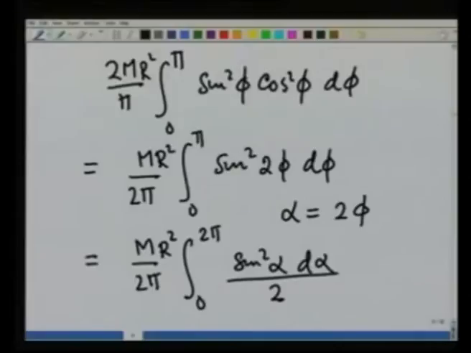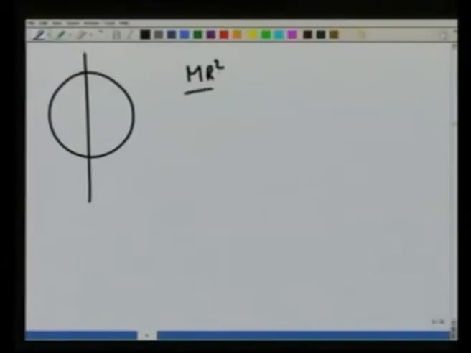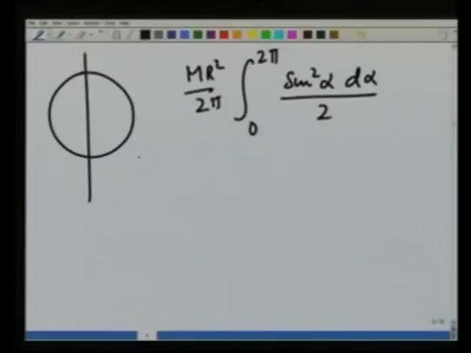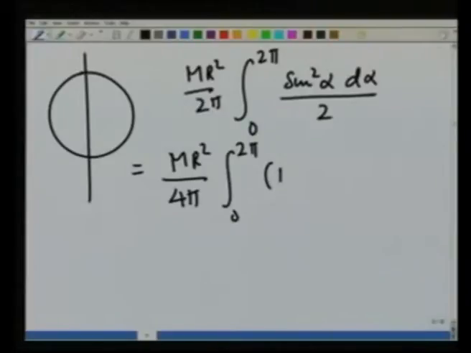So, what we get for the moment of inertia about the diameter is mr square over 2 pi integral 0 to 2 pi sin square alpha d alpha over 2, which is equal to mr square over 4 pi integral 0 to 2 pi, where sin square alpha can be written as (1 minus cosine 2 alpha) over 2, d alpha.